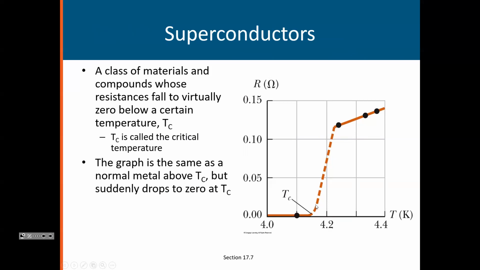People found that for some class of materials called superconductors, below a certain temperature, the resistance drops to zero, just zero. It's a kind of amazing thing because the applications are limitless, but the problem is we need to bring it to very, very cold.